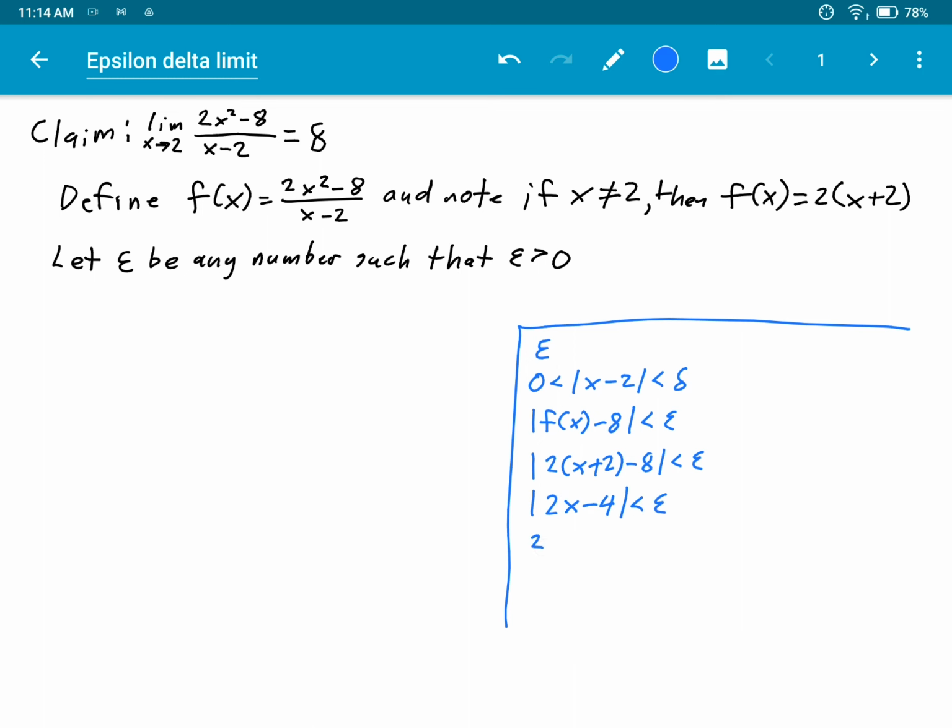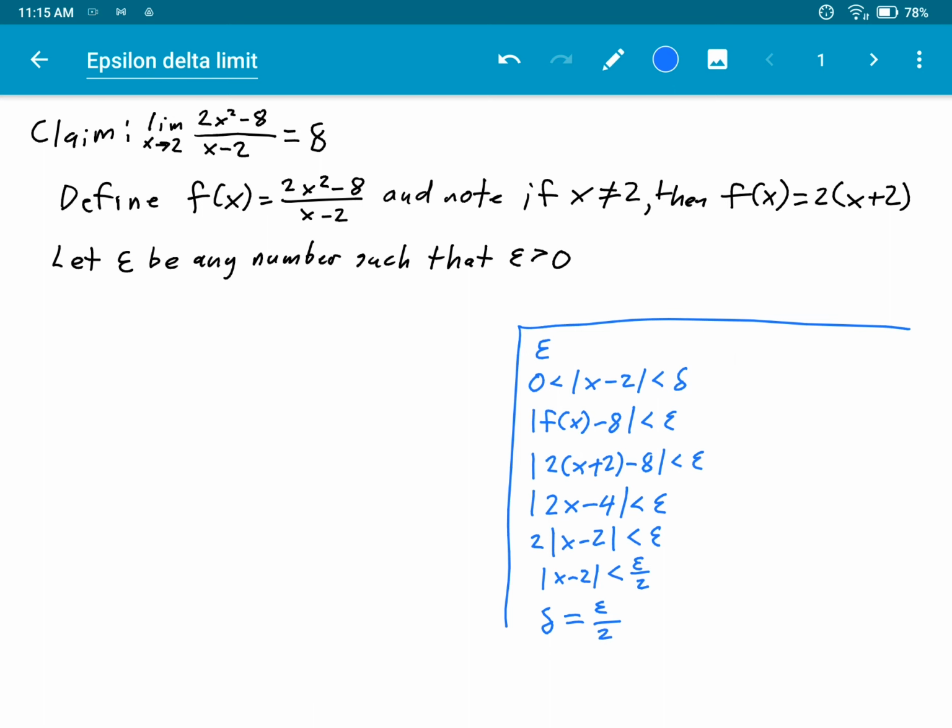Or 2 times the absolute value of x minus 2 is less than epsilon. Or we need the absolute value of x minus 2 to be less than epsilon over 2. So our delta is going to be epsilon over 2. So now we have delta, we think should be epsilon over 2.